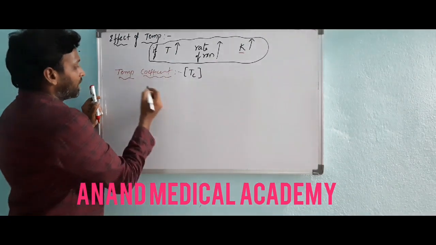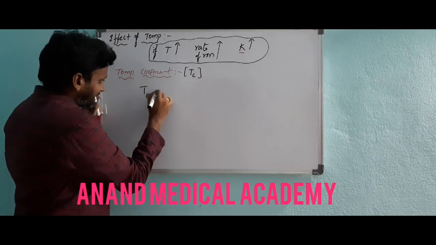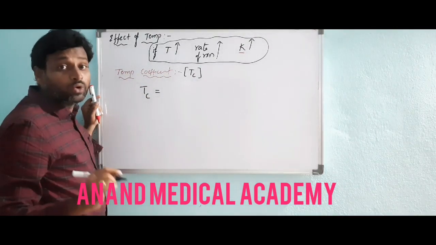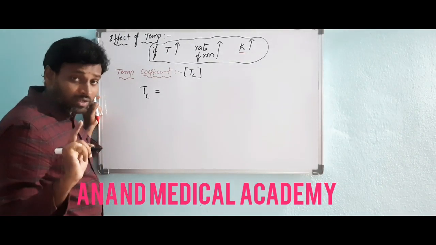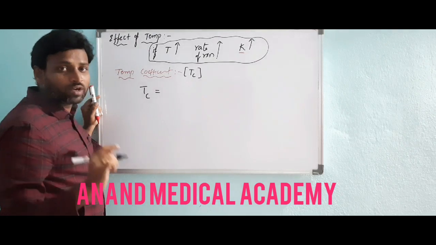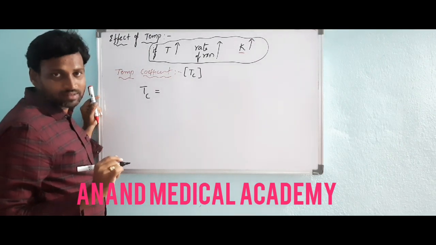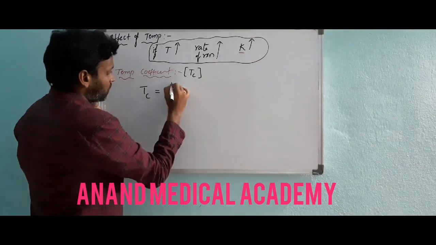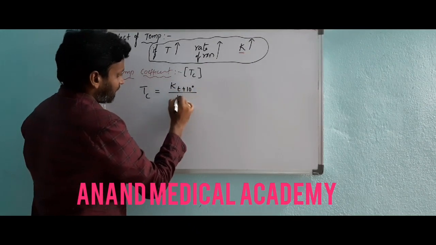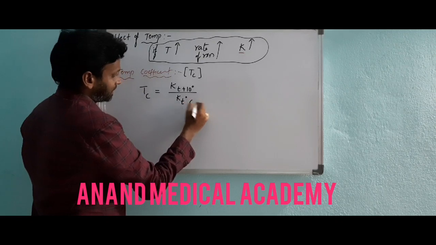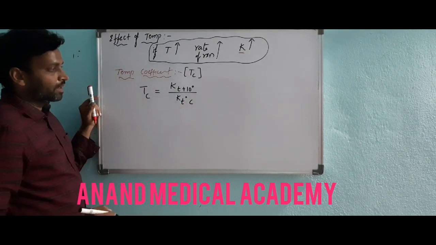Okay, let's see. Temperature coefficient is the ratio of rate constants which exactly differed by 10 degrees Celsius. So K(T+10) degrees by K(T) degrees Celsius. Getting what I'm saying?